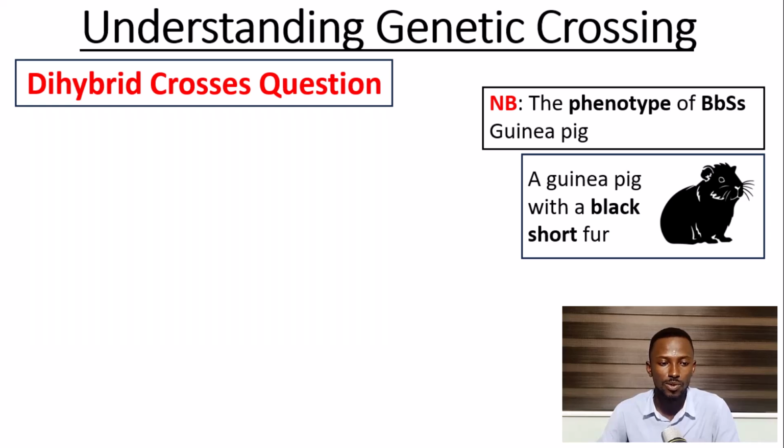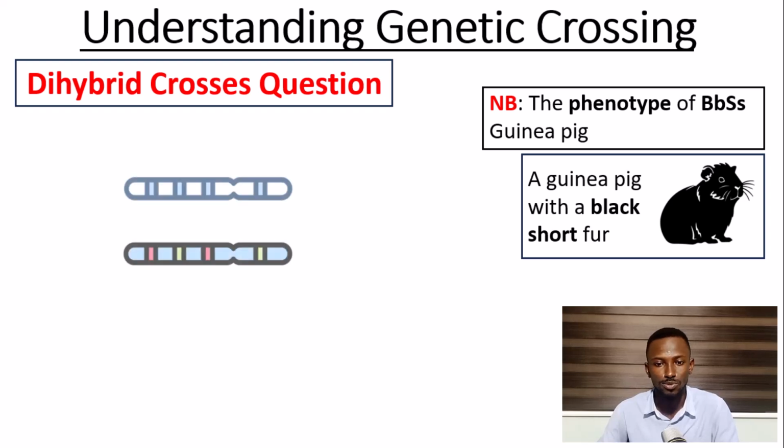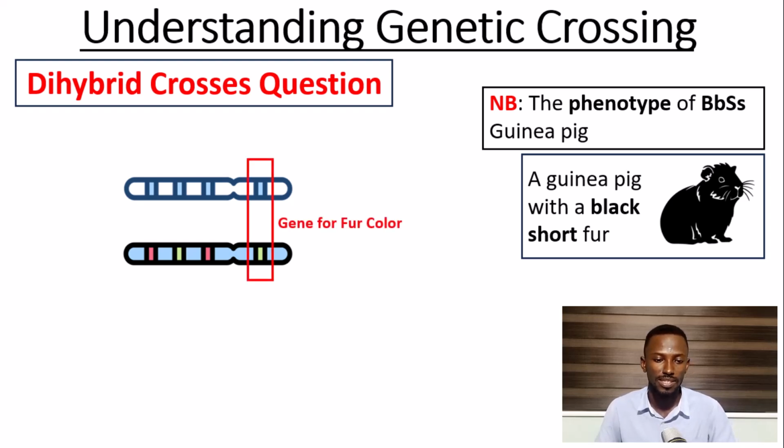So now let's continue, but let's go a little deeper into an explanation of this genotype and how it's reflected in its phenotype. Let's assume these two chromosomes you see on the screen represent the possible chromosomes of the guinea pig we have under discussion. On this homologous chromosome, there's a section indicated by the vertical rectangle that is responsible for the fur color.